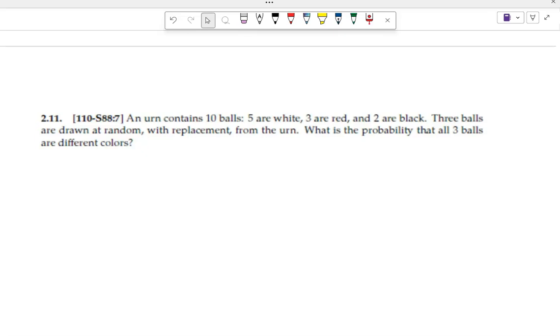This is how many different ways are there to pick the three balls. So notice in this case, it's drawn at random with replacement rather than without. So if I see it with replacement, are we going to be able to use combinations? No. Okay. So again, we're going to select three balls from a group of 10. So what's the size of your sample space going to be?